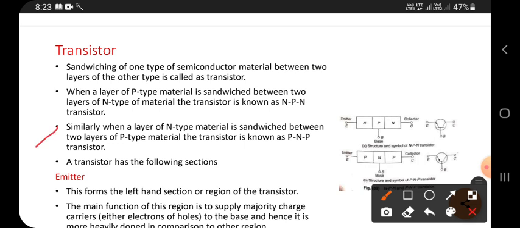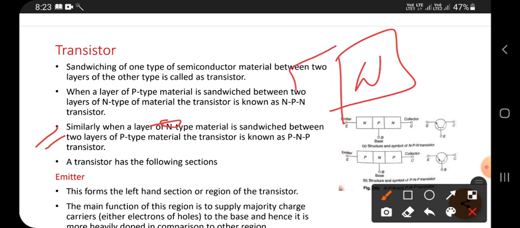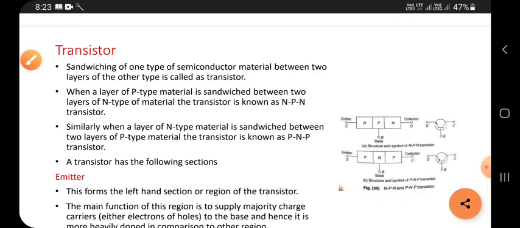Similarly, when a layer of n-type material is sandwiched between two layers of p-type material, the transistor is known as a pnp transistor.